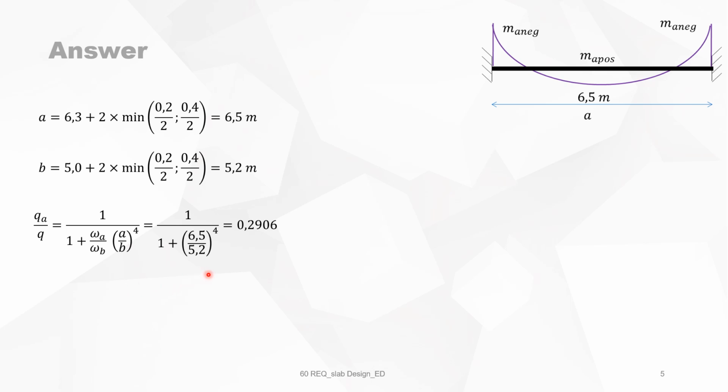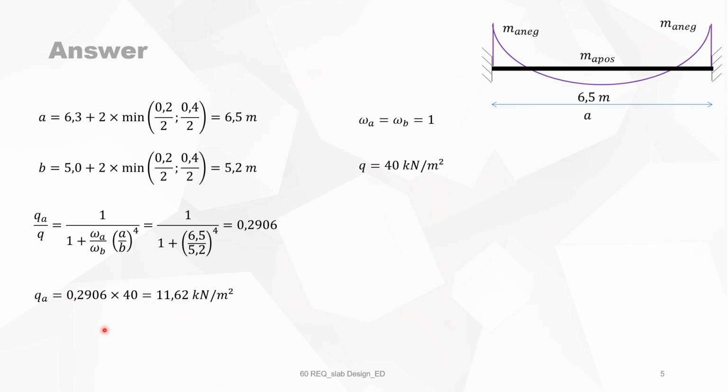Then we can fill in the parameters, and we get QA is equal to 0.2906 Q. And Q is 40 kilonewton per square meter. And then QA, of course, is 11.62 kilonewton per square meter.